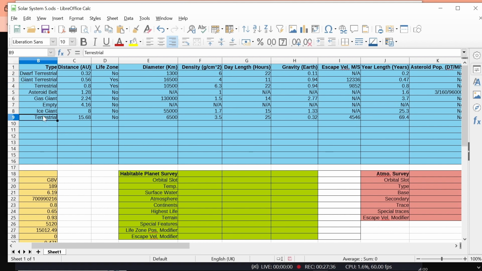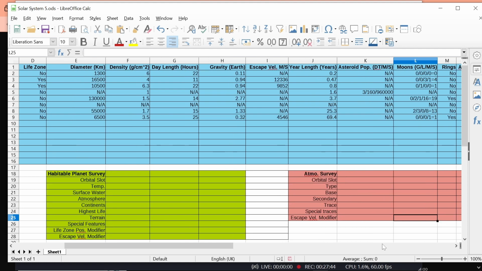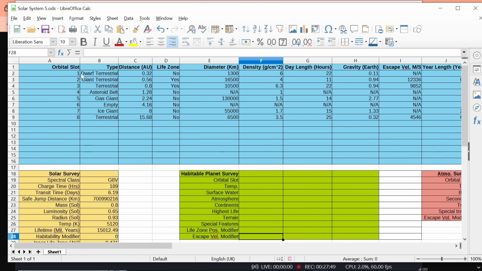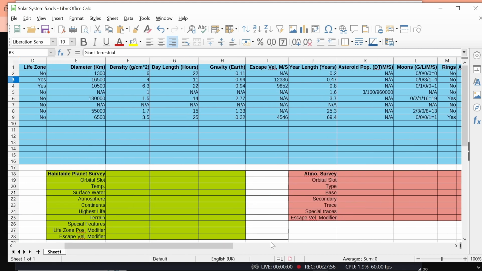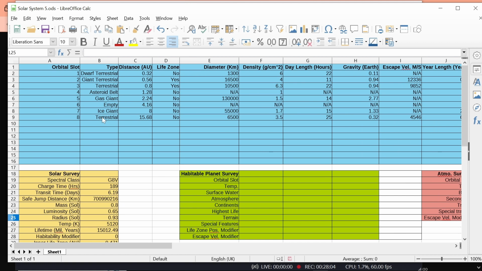And for this terrestrial, we'll also calculate it. And this information is actually going to be recorded down here. I'm going to assume that this giant terrestrial is not going to be habitable, and it will be recorded over in this field here along with the terrestrial out here. The terrestrial which I will make habitable, I will put its escape velocity modifier here.